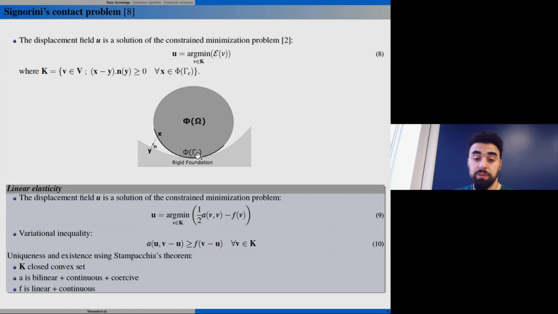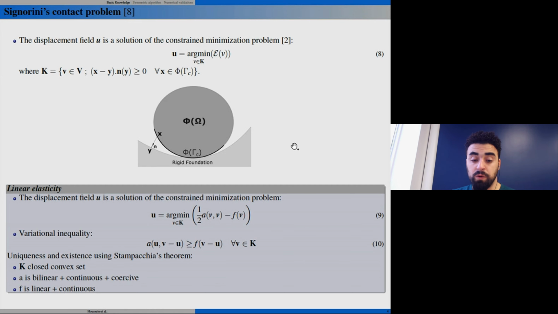For example, if we take the actual position X on phi gamma C and its projection Y, the non-penetration condition will be (X minus Y) scalar the normal vector N, which must always be greater or equal to 0. At the real contact area, this quantity (X minus Y) scalar N will be equal to 0.